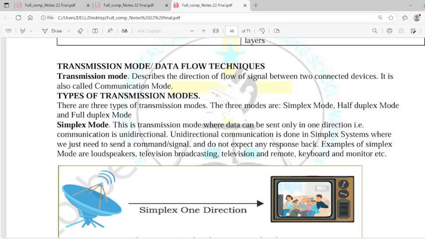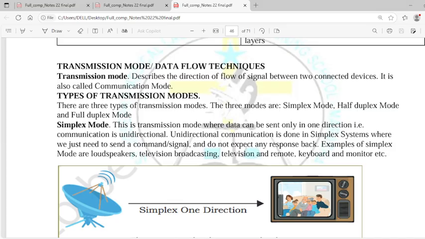Then let's also look at the transmission mode or data flow techniques. Transmission mode describes the direction of flow of signals between two connected devices.